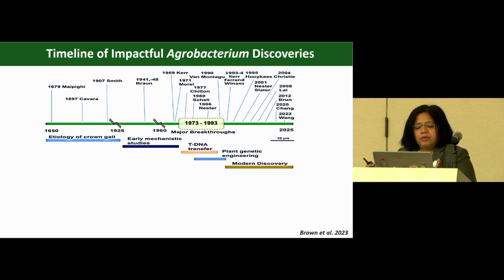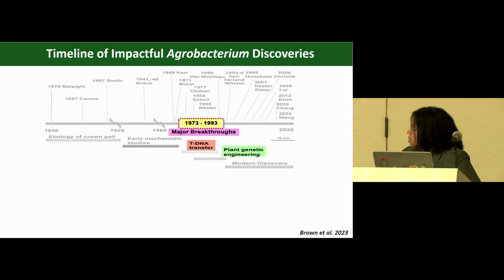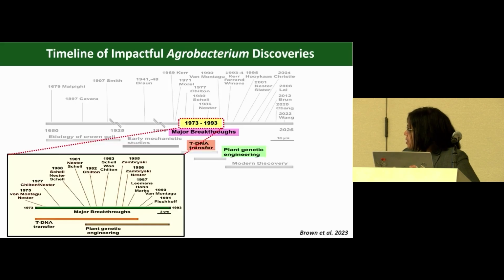These are the breakthroughs happening in the period of 1970 to 1993. I really like this publication. I just pointed this out for the sake of knowledge and to show where to find this information.